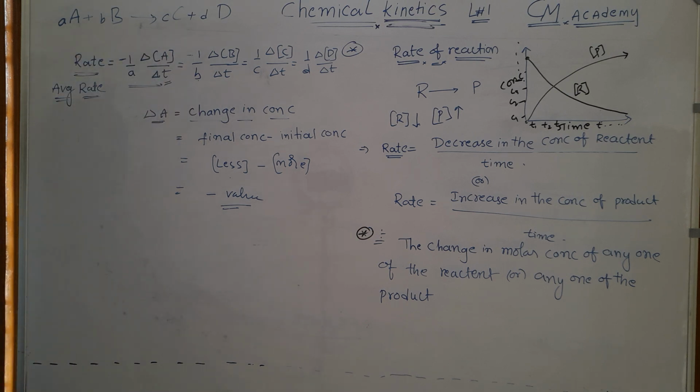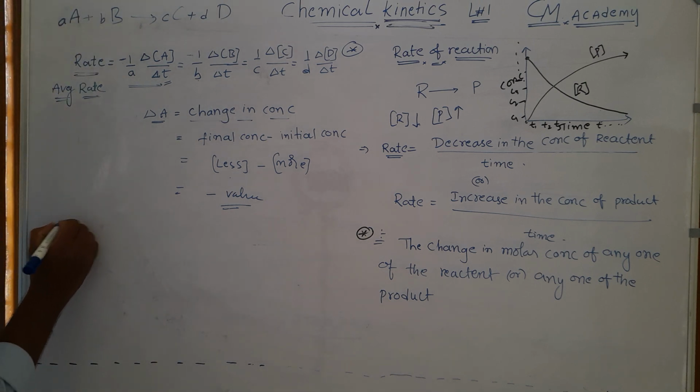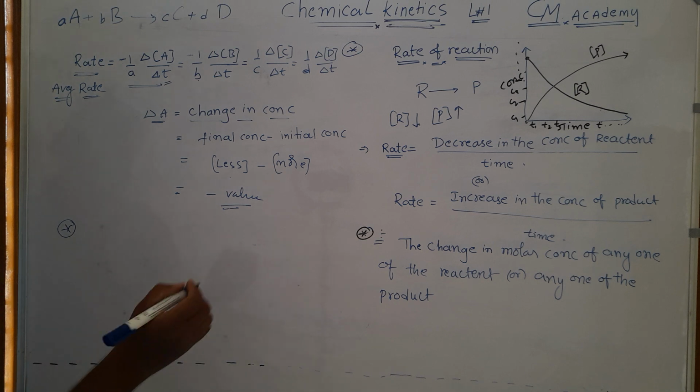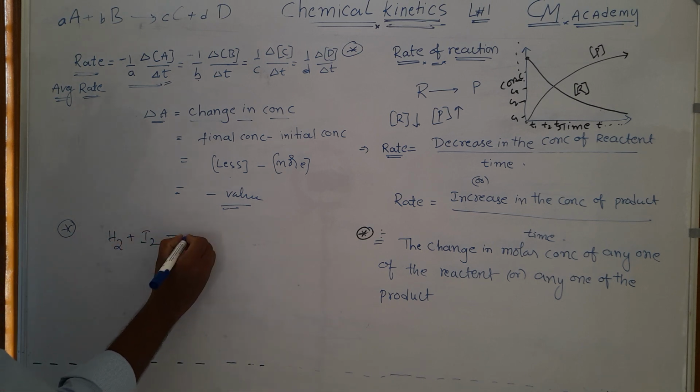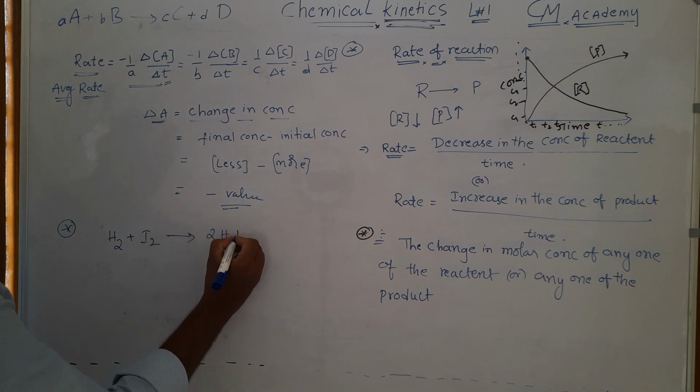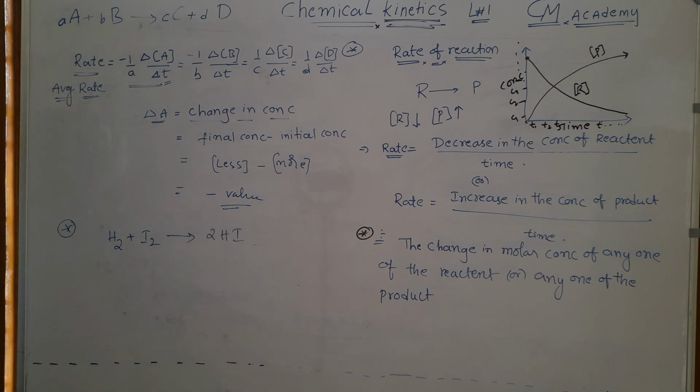So now let us write this average rate for a reaction. Let us take H2 plus I2 gives rise to 2HI. For this reaction, how do we write the average rate?